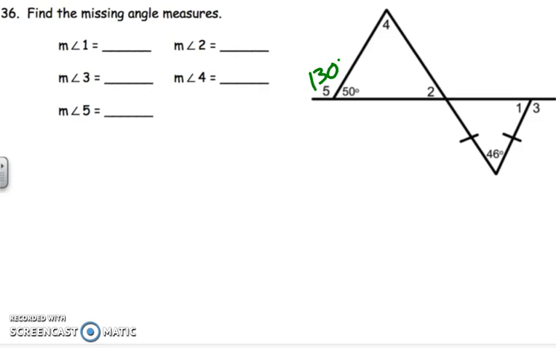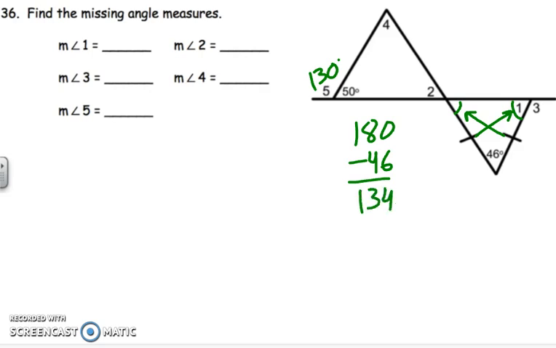Now, let's go to the right of this diagram. We see that this is an isosceles triangle. So we know that the angles opposite these congruent sides are going to be congruent. So this is how we're going to figure it out. We know that there's 180 degrees in a triangle. The sum of the angles is 180 degrees. So we're going to take 180 and subtract 46 from 180, and we're going to get 134.